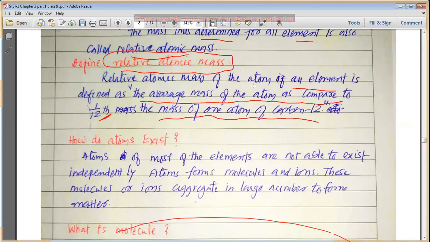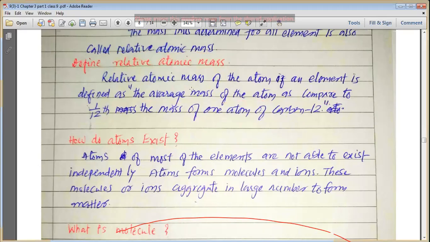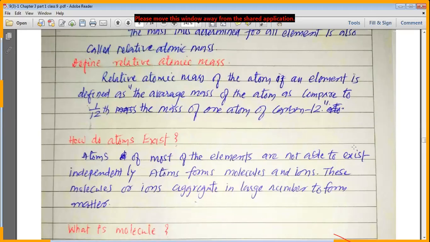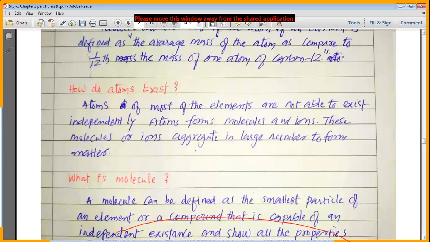So this is the definition that we can give for the relative atomic mass.